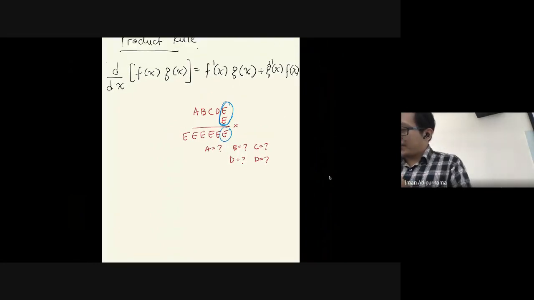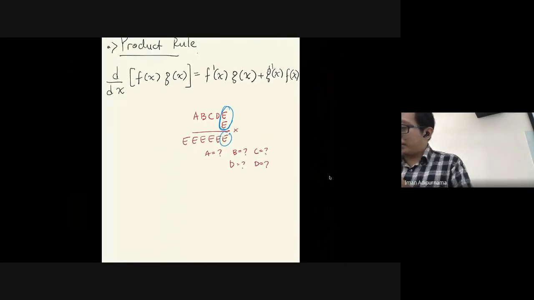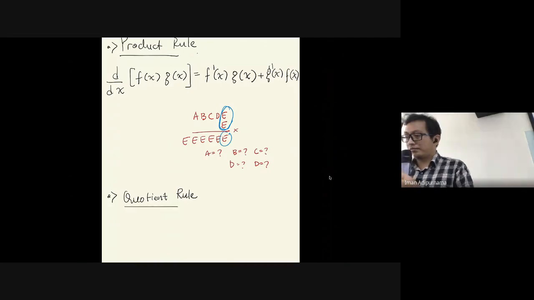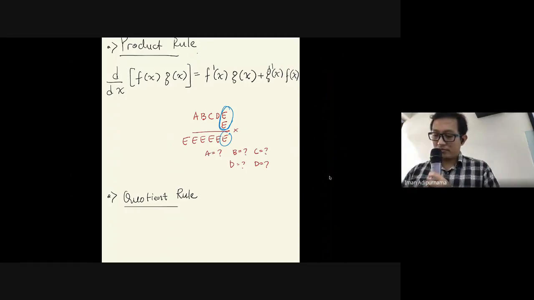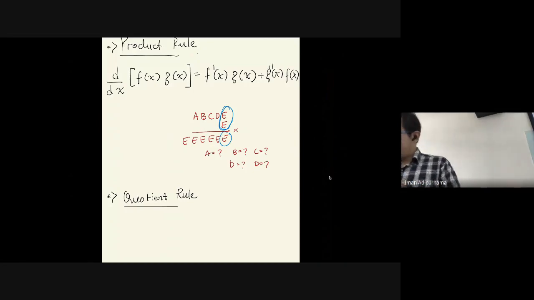Okay. So the first one is the product rule. The second one is the quotient rule. I will later give you some notes about the product rule and quotient rule.